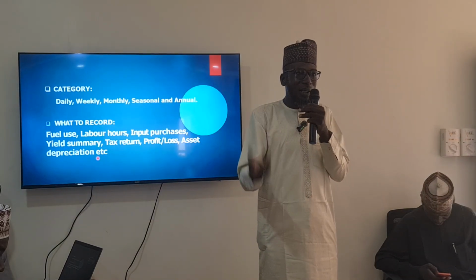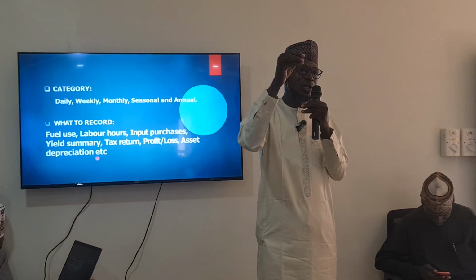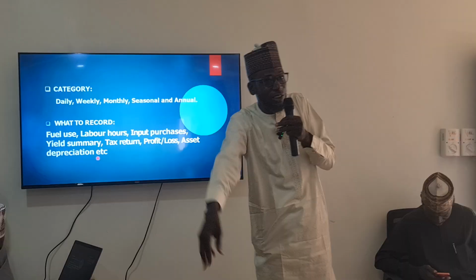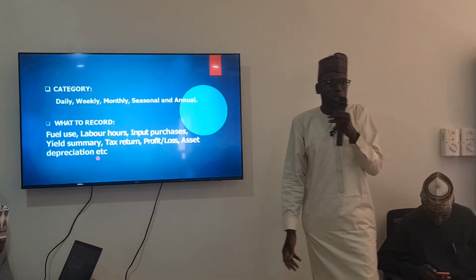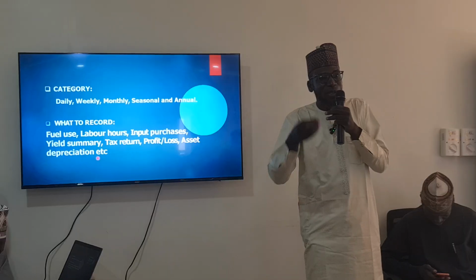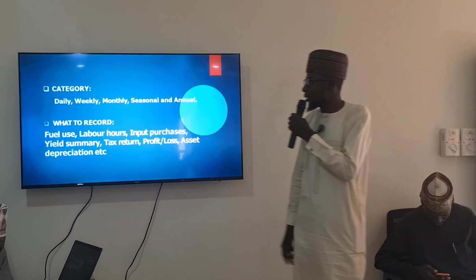If it's not up to bag, if bags is 100 kg, for example, you can say, okay, I've lost 0.5 of 100 kg. If it is 1/4, you can also mention, okay, I've lost 0.25 of 100 kg bags.